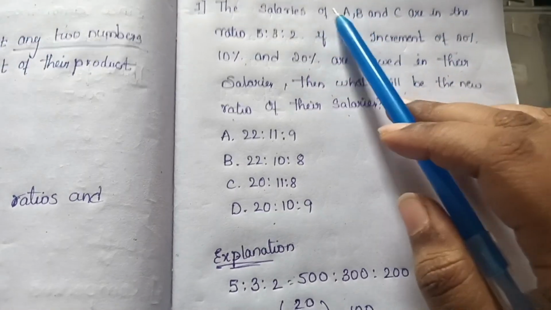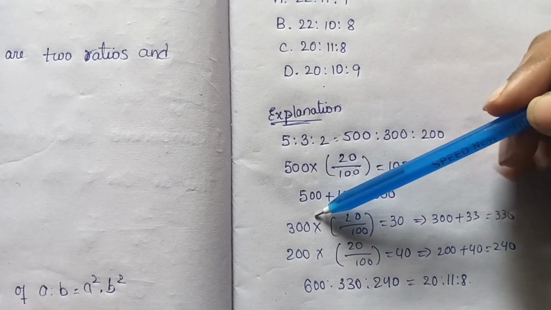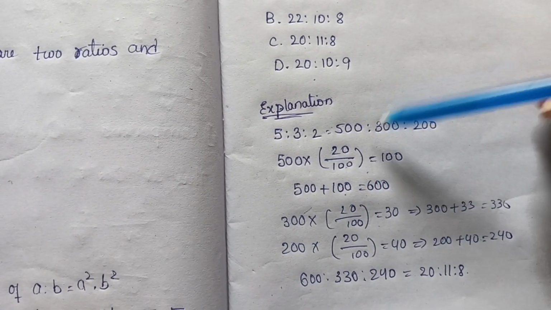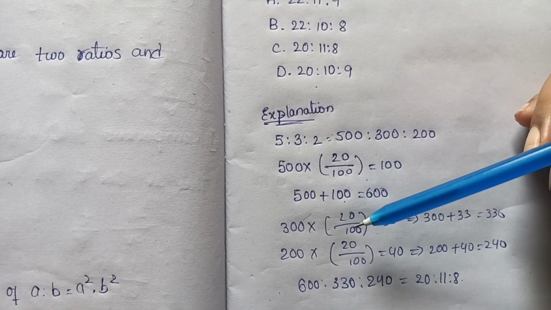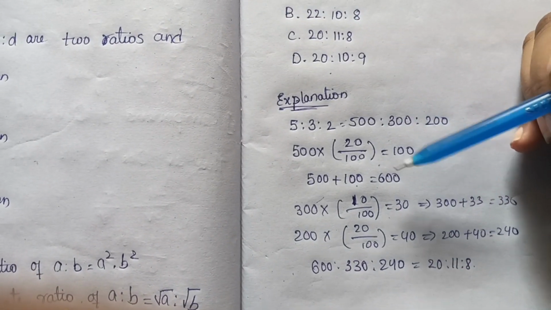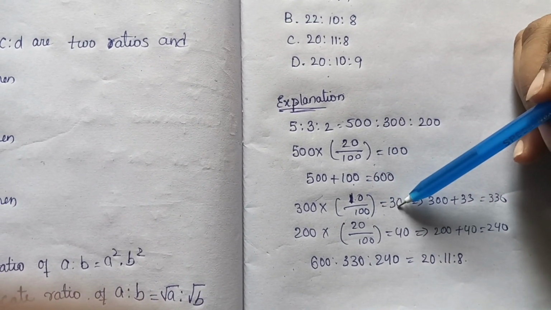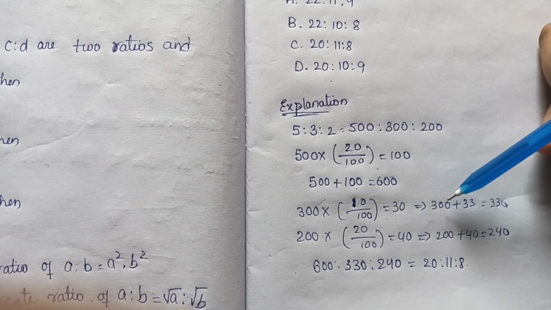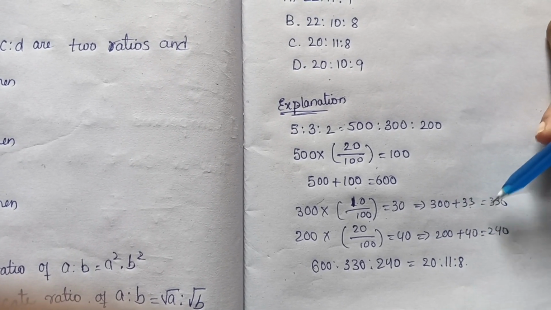Next, B's salary is 300. The increment is 10%, and 300 into 10 by 100 equal to 30. So the new salary becomes 300 plus 30, 330.